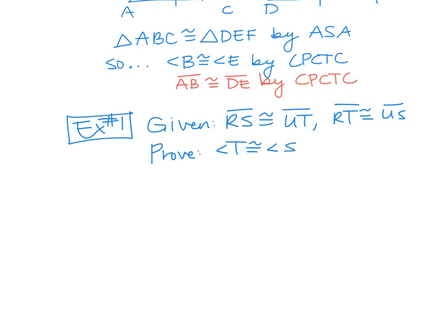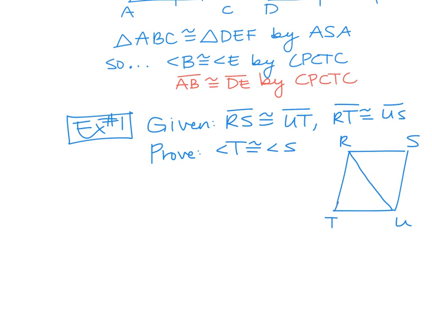If you have that little sheet of paper that I've been giving you little pointers on, you might want to get that out shortly, because I'm going to give you a little pointer that goes along with this. But here's your picture. This is R, S, U, and T.